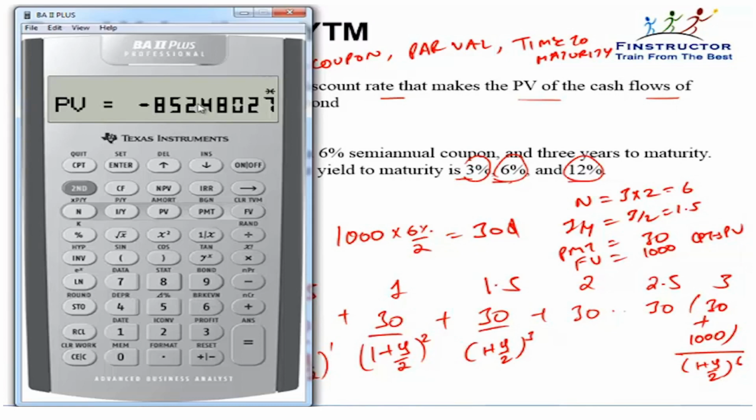So if you buy this bond today for a price of $852, then you will receive the same fixed cash flows, implying a return of 12% annualized over a course of 3 years, assuming the coupons were also reinvested at 12%.